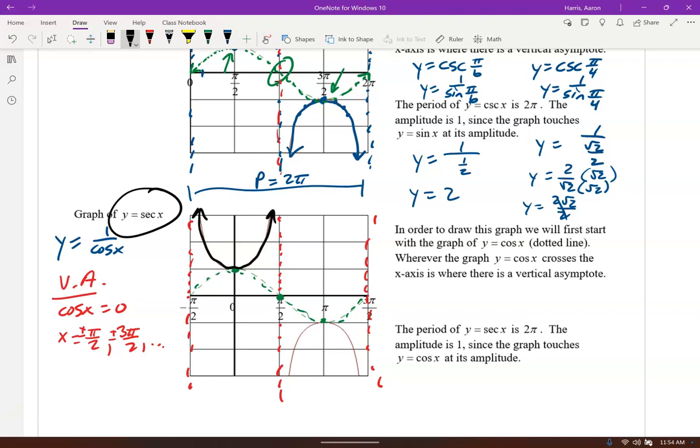But you could plot a bunch of points as well. This period is also 2 pi distance, from negative pi halves up to 3 pi halves. And so we'll use those as our parent functions today to go through this.